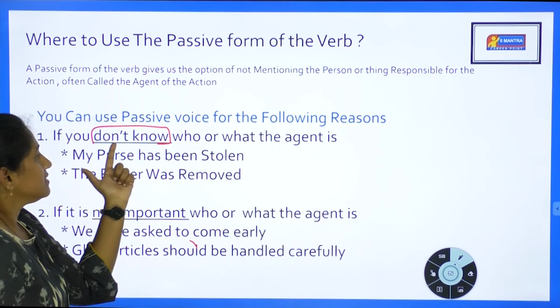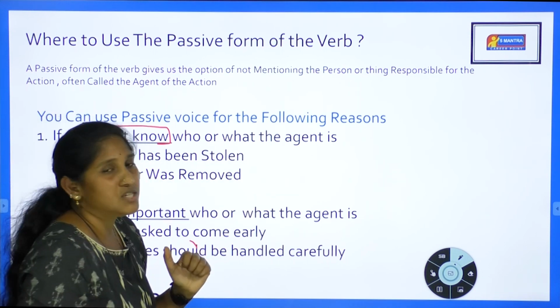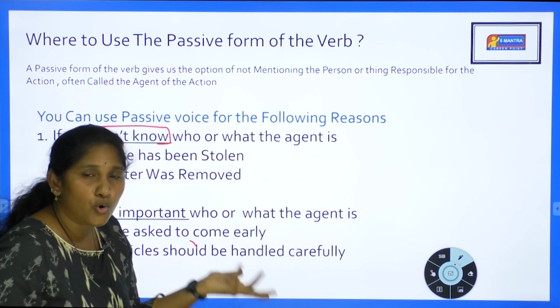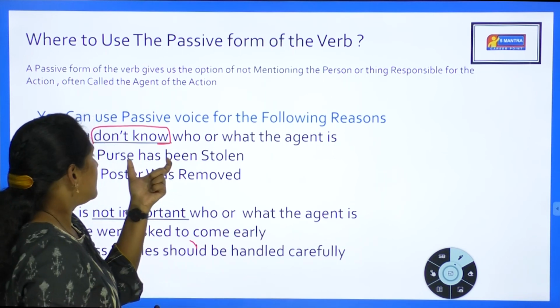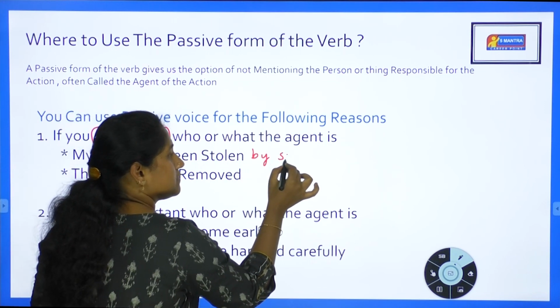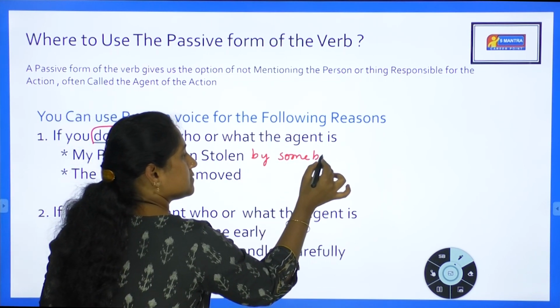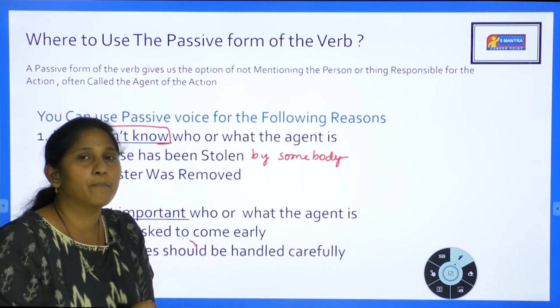So in that case, why don't we have this information? Because we don't know about the thieves' information. That purse has been stolen by somebody. Who is that somebody?